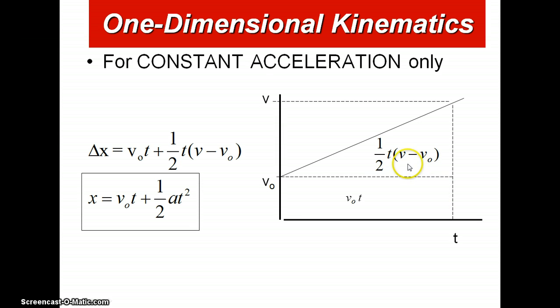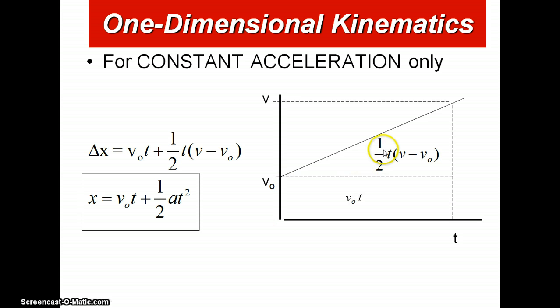Another way of getting the area of this trapezoid is dividing it up into a rectangular region as well as a triangular region. The area of this triangular region is 1/2 the base, which is t, multiplied by the height, which is v minus v naught. The area of the rectangular region is v naught times t.